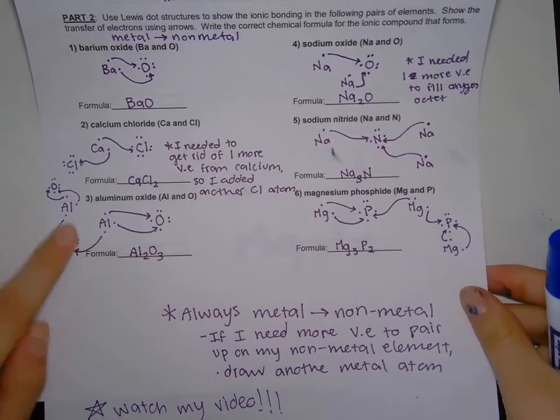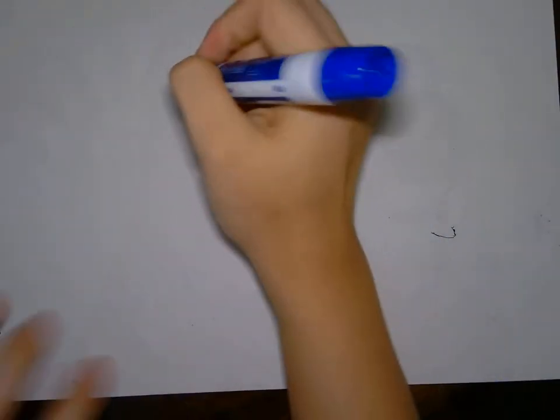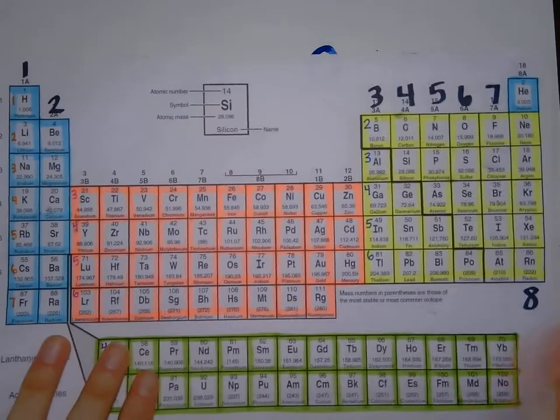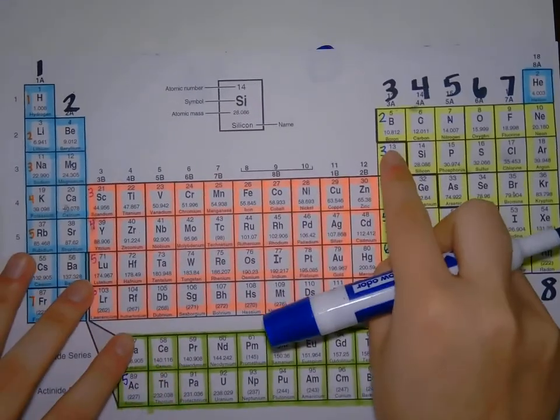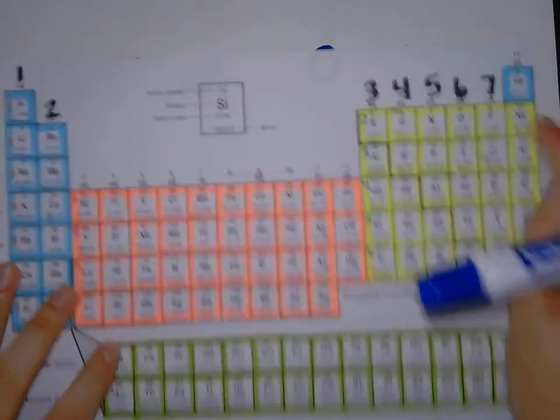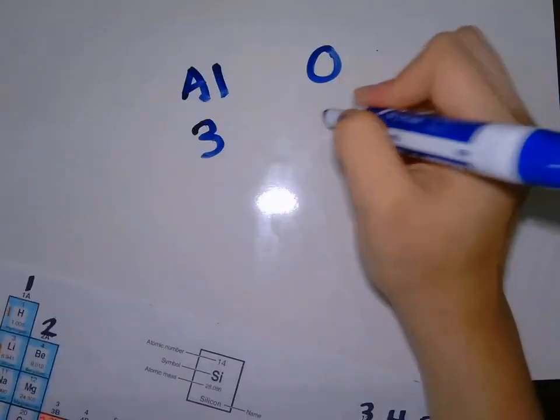Let's do one more, number 3, with aluminum and oxygen. Aluminum is 1, 2, 3 spots away from being a noble gas. Oxygen is 1, 2 spots away from being a noble gas.